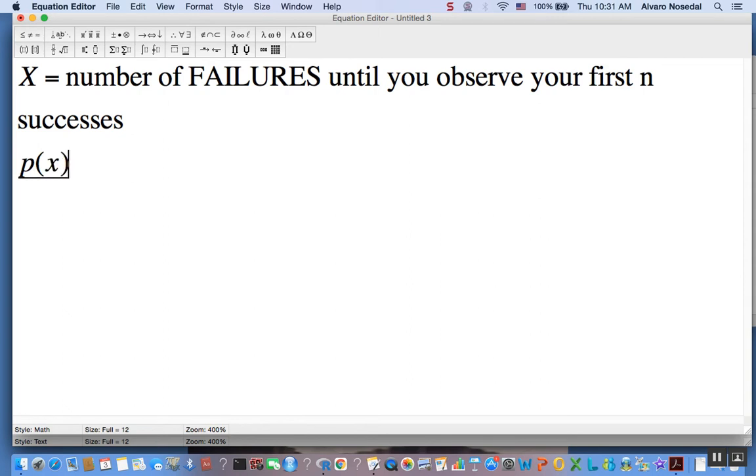So the probability mass function for that random variable is given by this.